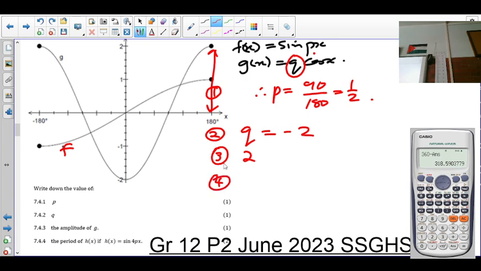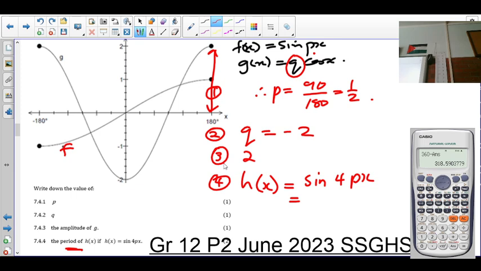Number 4. The period of h of x, if h of x is equal to sine 4px. The period. What I need to know is what number is in front of x to decide what the period is.